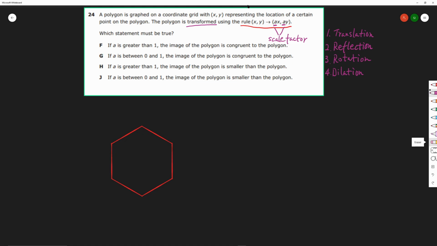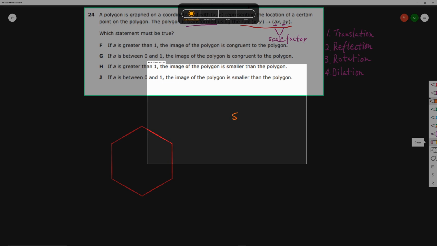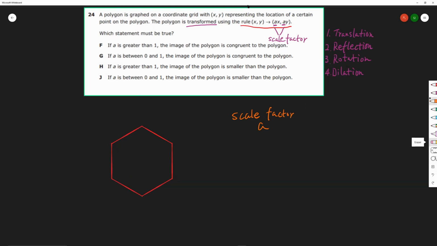Dilation is to resize by a common scale factor. So if x and y all multiply by the same term of a, they are dilated by a scale factor of a. So here, the scale factor is a.